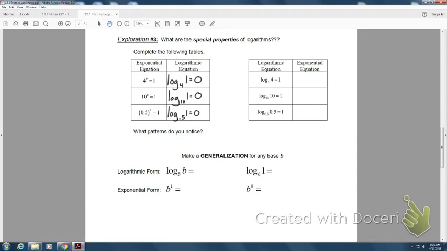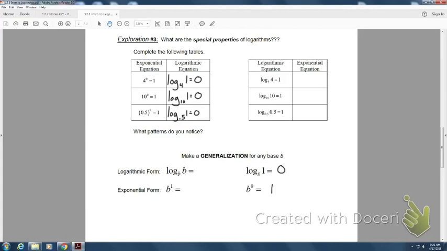Log of 1 is 0. Anything of 1, log base, I don't care what it is, of 1 is always going to be 0. Because anything to the power of 0 is always what? 1. Okay?